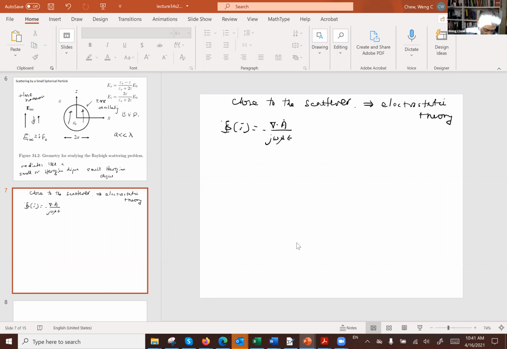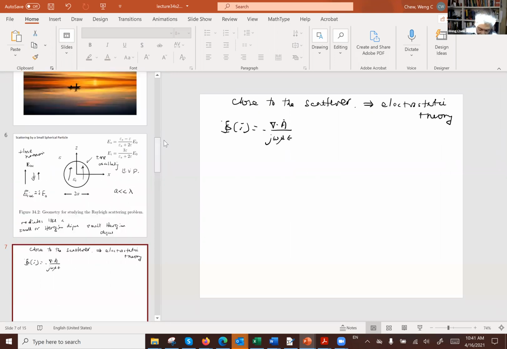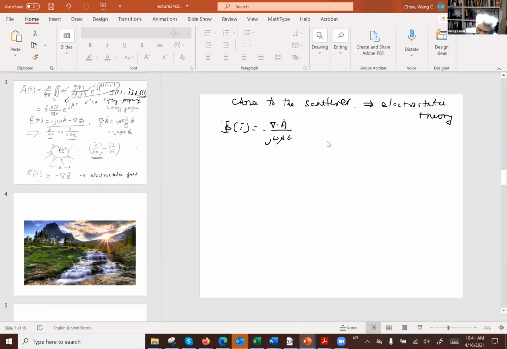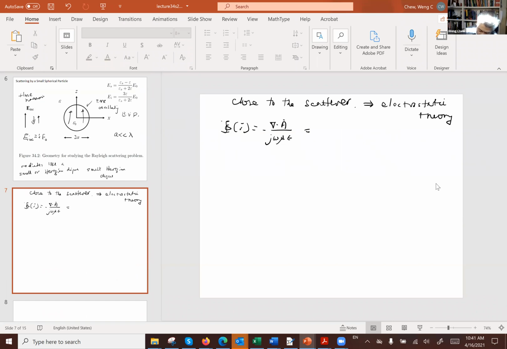Then if I plug in the value for A that I have obtained in the previous slide, you can see that the scalar potential is given by minus I L over j omega mu epsilon times 1 over 4 pi, partial z of 1 over R e to the minus j beta R. Why partial z?